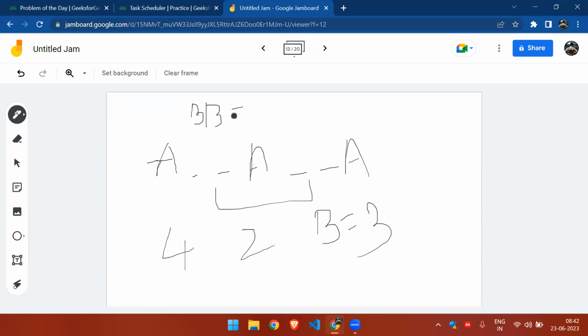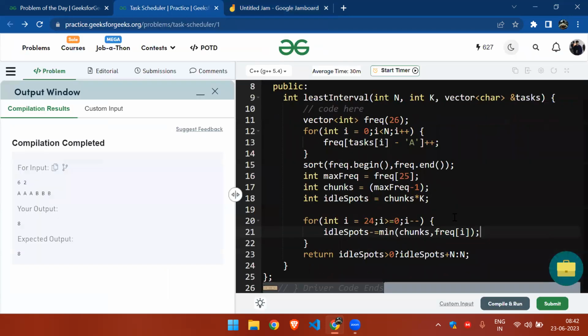The solution of this problem would be incorrect. So we take the minimum of the chunks, or the character which is next frequent to our most frequent character. I have done the same here.